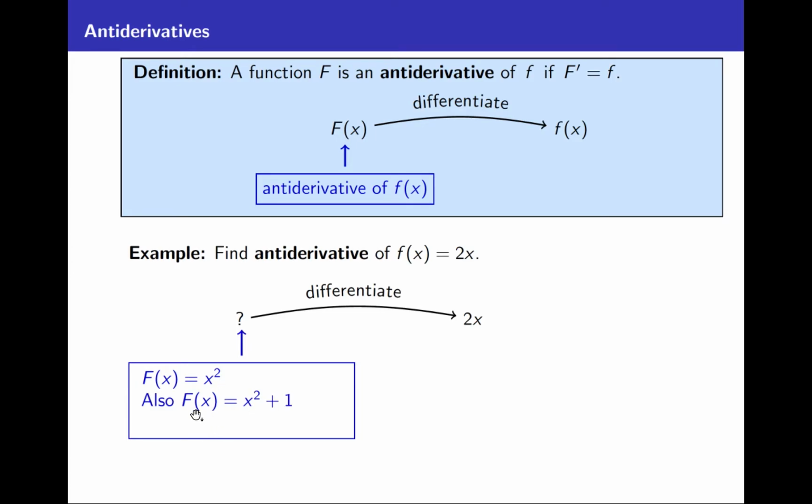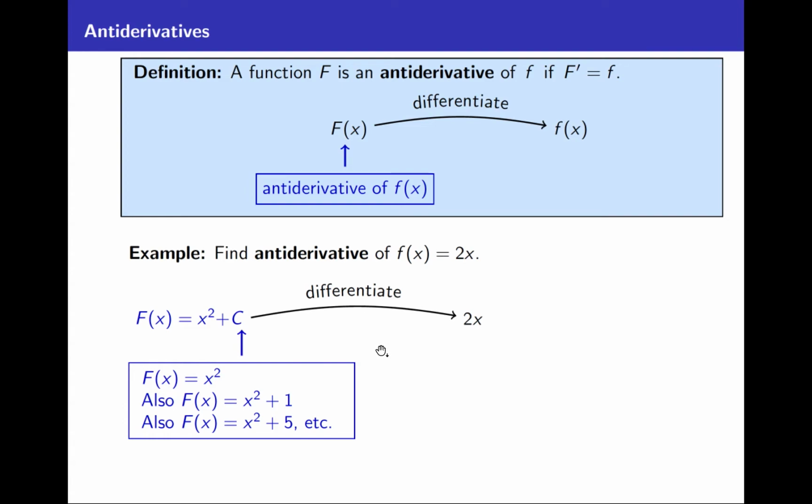But also, you could have big F of x equals x squared plus 1. Its derivative is 2x plus 0, which equals 2x. So that's an antiderivative of 2x also. And in fact, you could have big F of x equals x squared plus 5, or any other constant added on, and its derivative would be 2 times x. So there's a bunch of functions. Big F of x equals x squared plus c, where c is any constant you want.